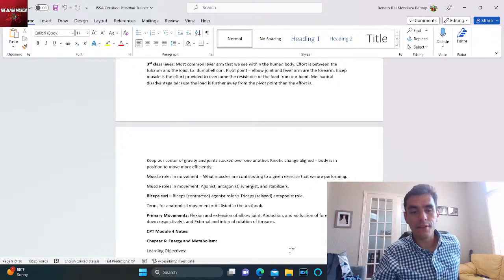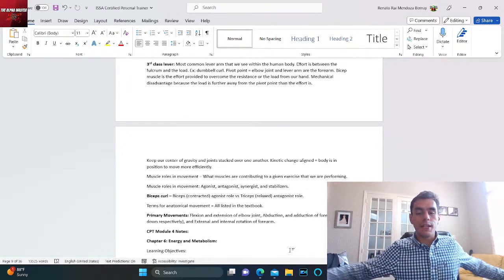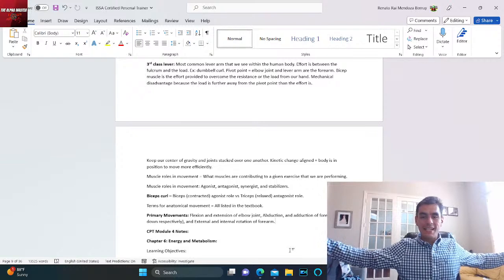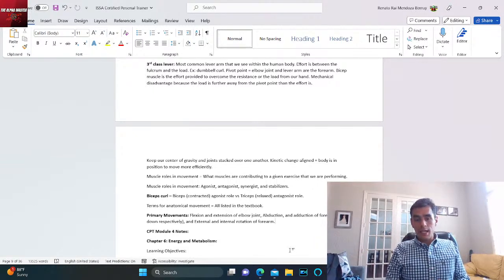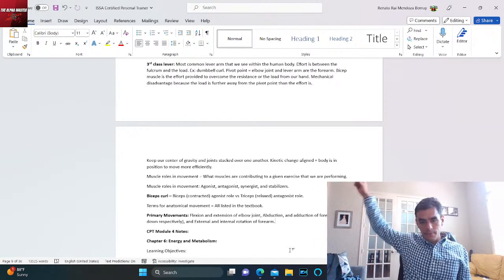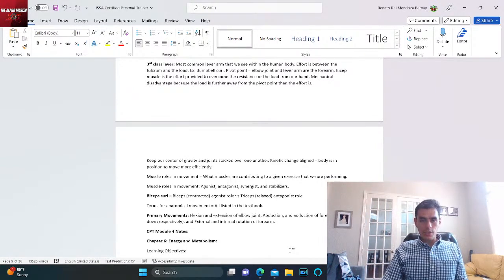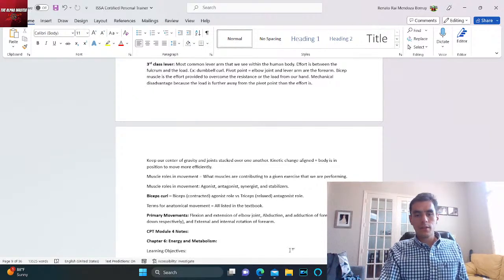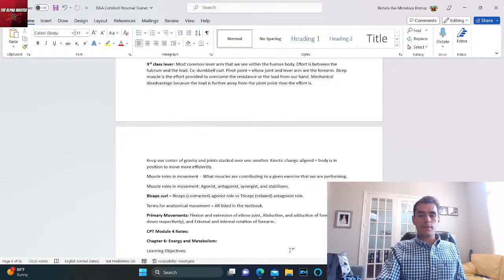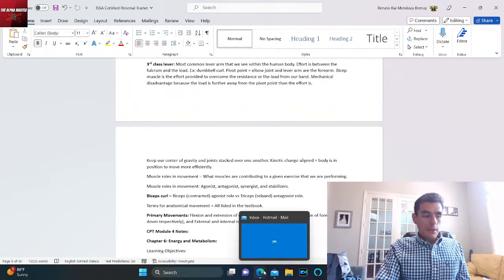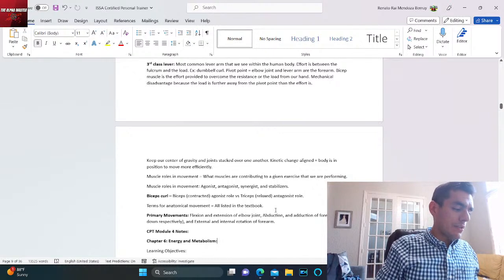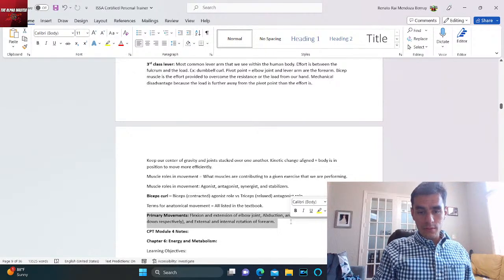You have primary movements like flexion and extension of the elbow joint, abduction and adduction of the forearm, up and down respectively, and external and internal rotation of the forearm. All listed in the textbook.